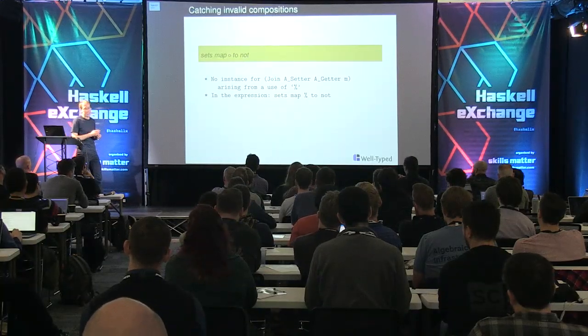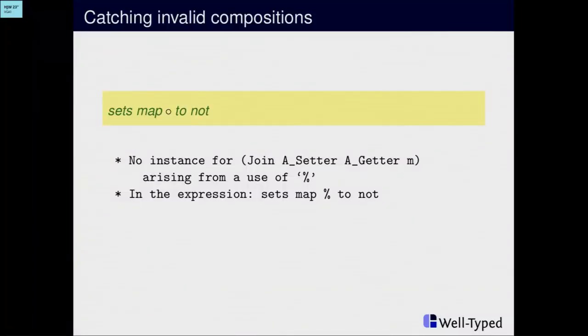What about this invalid composition we had before? A setter composed with a getter. In Lens, this type checked and then would lead to an error down the road. Now it's explicit that this composition doesn't type check because there's no instance of the Join class.